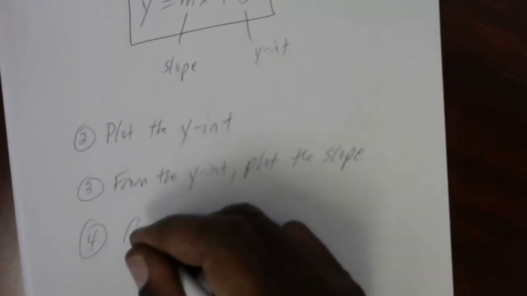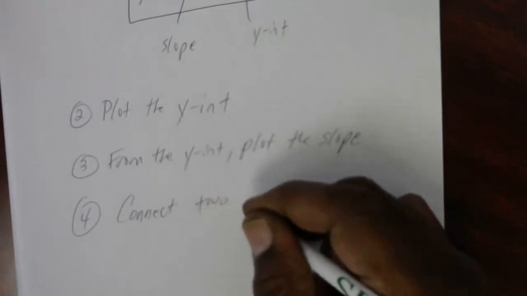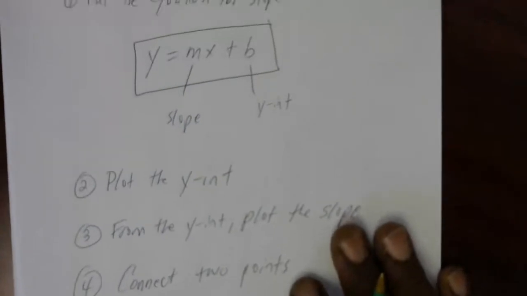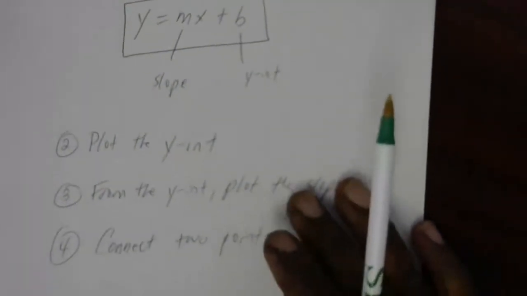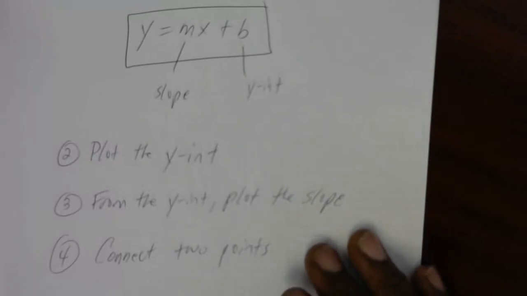And then the last thing you do is connect the 2 points. So just 4 steps. We put it in slope-intercept form. We plot the y-intercept. From the y-intercept, we plot the slope. And then we connect the points for our graph.